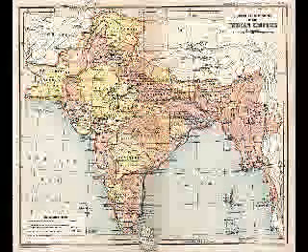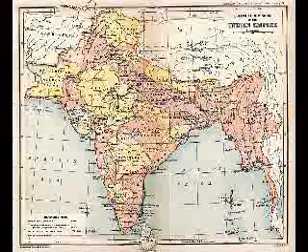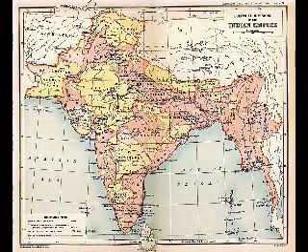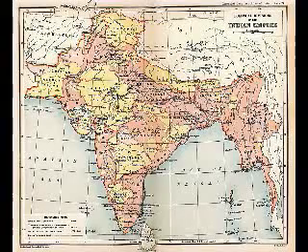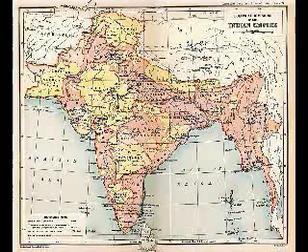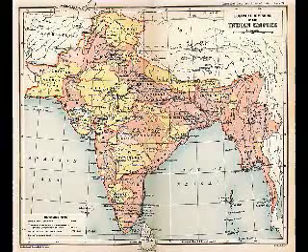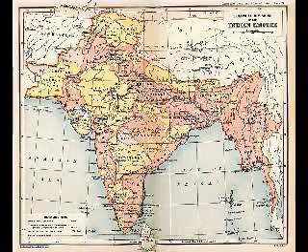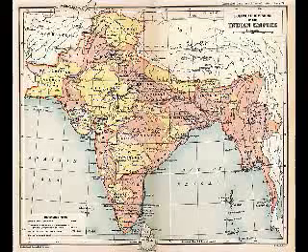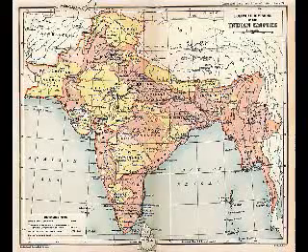Point 2. Ryotwari Settlement. According to the Ryotwari Settlement introduced in parts of Madras and Bombay presidencies in the beginning of the 19th century, the cultivator was to be recognized as the owner of his plot of land subject to the payment of land revenue.